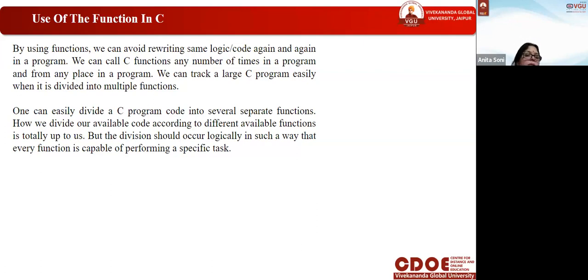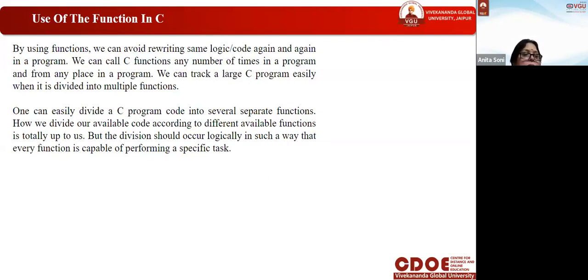Once you divide your C code into several separate functions, you can say this is the logical division of your program. It's up to you how you want to divide your program into different functions or different tasks.